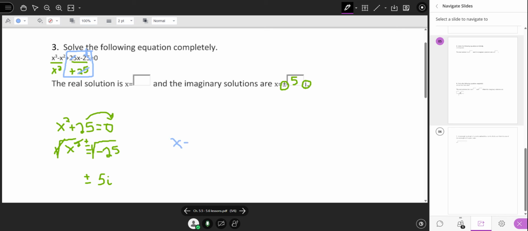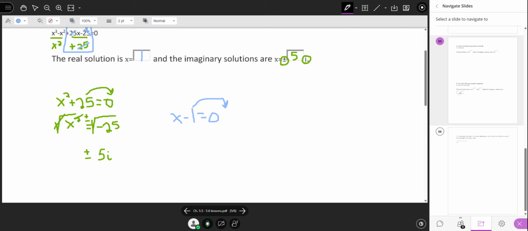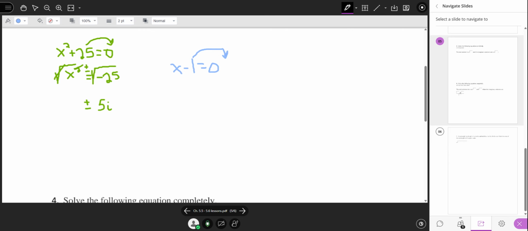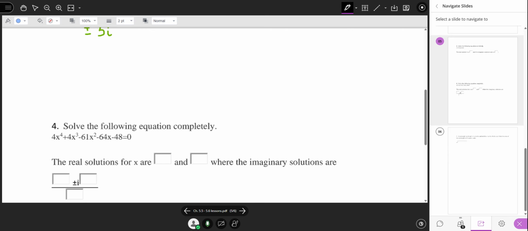So x minus 1 equals 0. Change sides, which means opposite side means opposite sign. So that one's not bad at all.